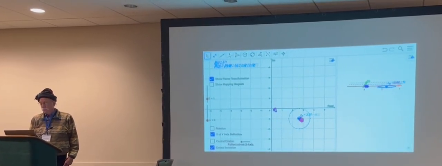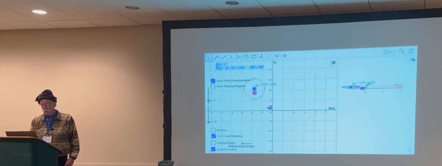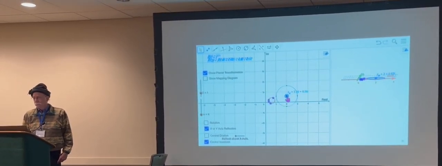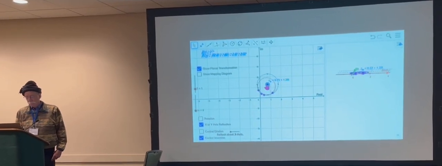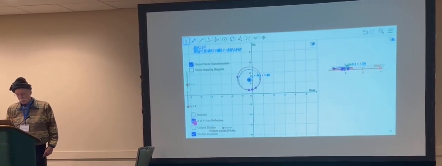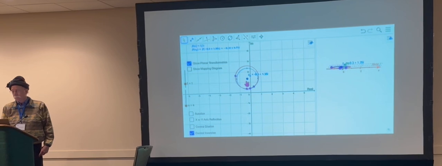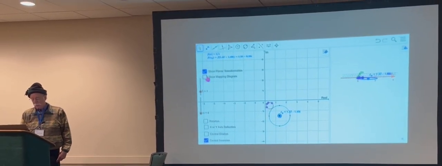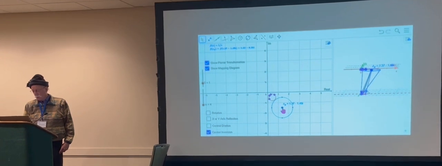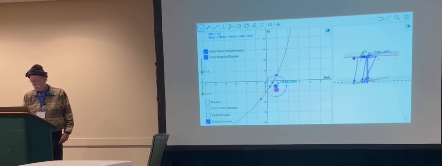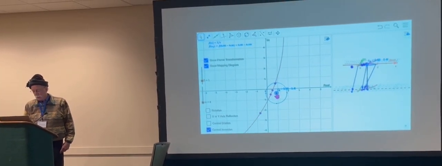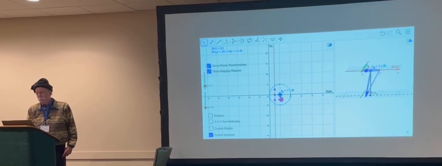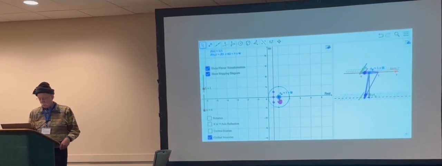You see a central inversion, which is coming from the conjugate of the complex inverse. And here's the mapping diagram for that. It shows a little bit more clearly how it's inverting. And then if you take that and think of the origin, you see it turns into a line.